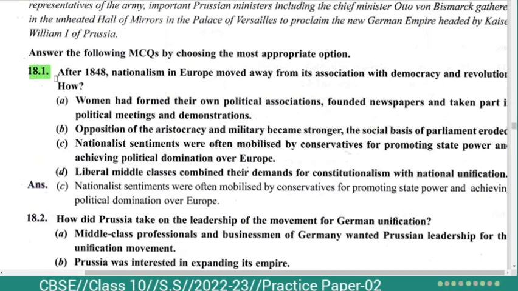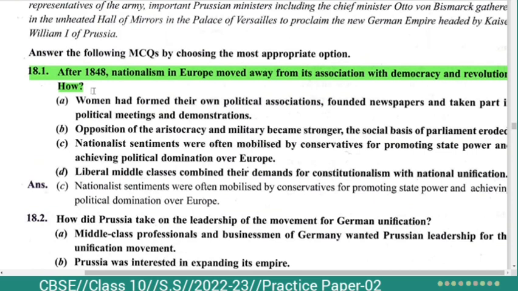Question number 18.1. After 1848, nationalism in Europe moved away from its association with democracy and revolution. How? Option A. Women had formed their own political association, founded newspapers, and taken part in political meetings and demonstrations. B. Opposition of the aristocracy and military became stronger.